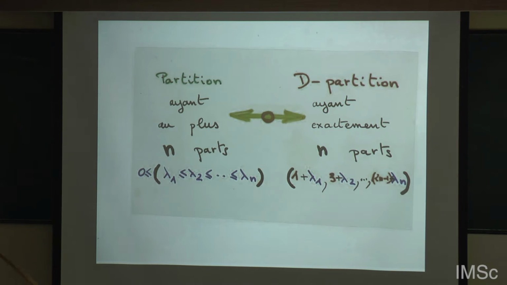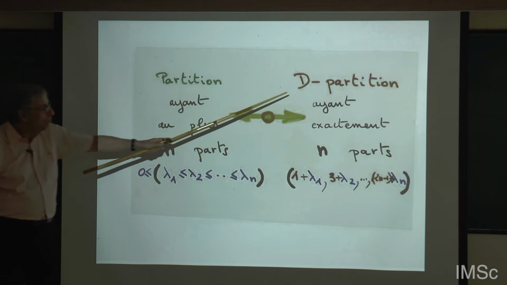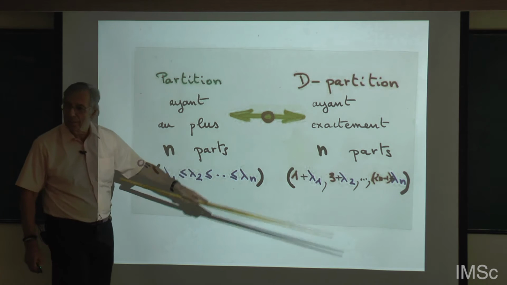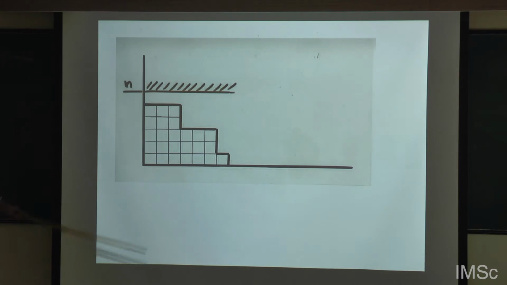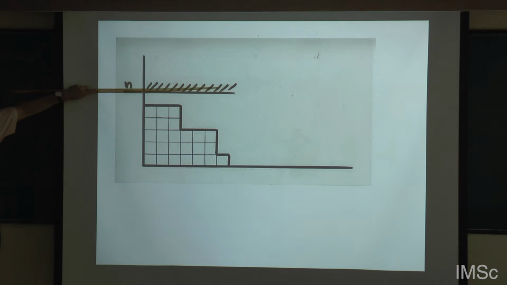And then, in fact, there is a bijection between partitions having at most n parts and D-partitions having exactly n parts. Oh, this is in French. Sorry, it's a mixture. It makes some exotic slides. The bijection is the following. This is a partition, a Ferrers diagram with at most n parts.